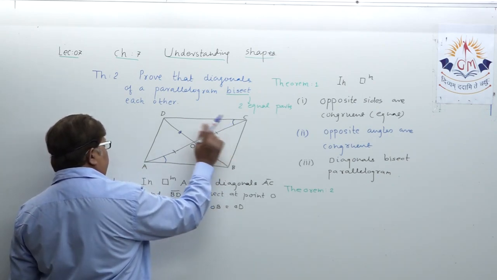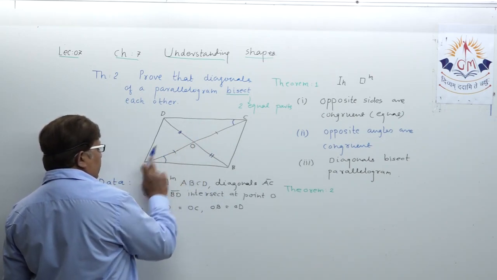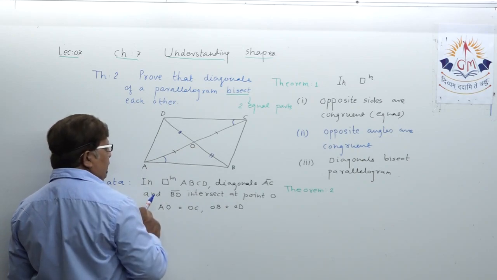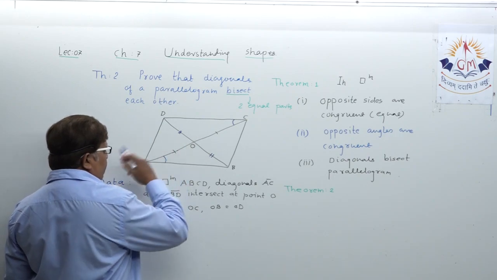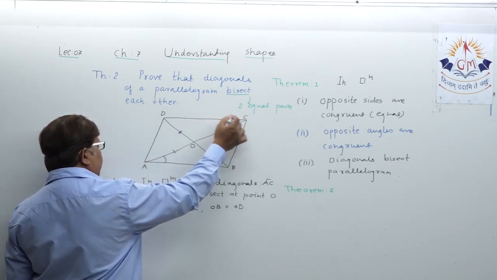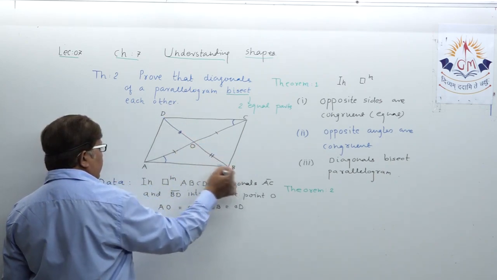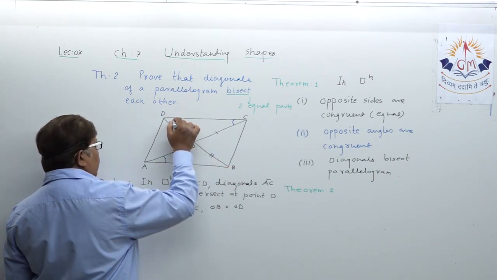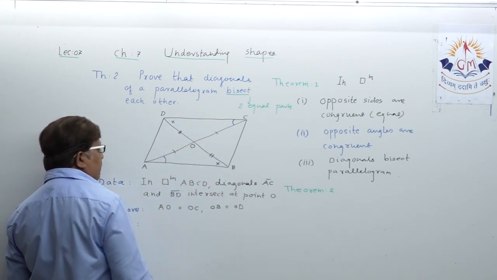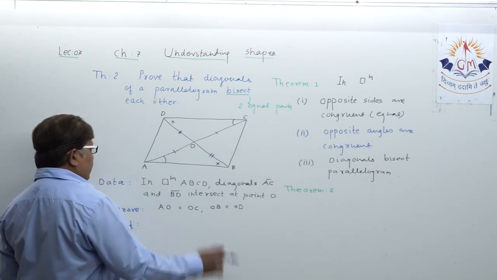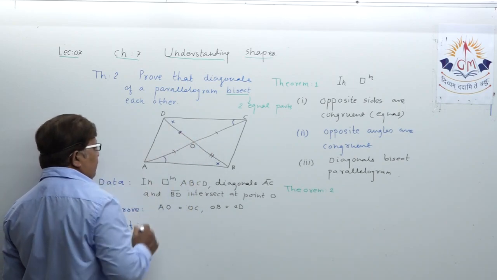This angle belongs to triangle COD. This angle belongs to triangle AOB. Now reconstruct the inverse Z formation. C D O B A. Again you got two angles which are alternate and congruent. So this belongs to triangle AOB, this belongs to triangle COD.